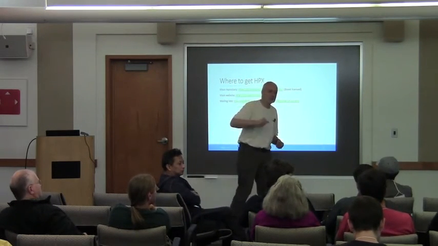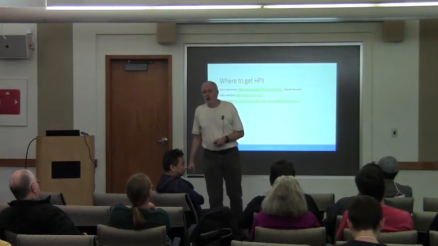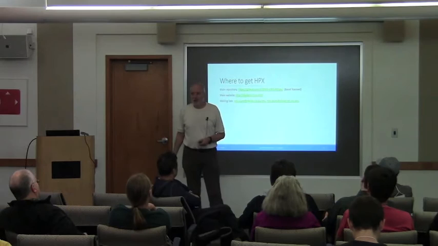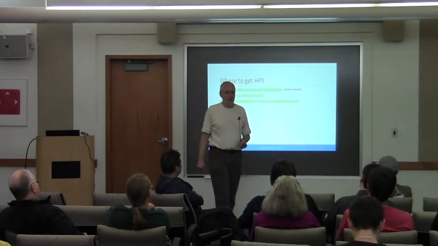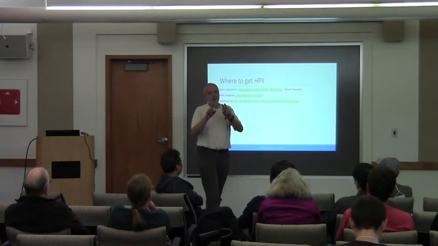Other questions? Yes, please. What's your error model? What happens if a node fails and you're waiting for the result? The answer is very simple. You have a problem. Well, let me put it that way.